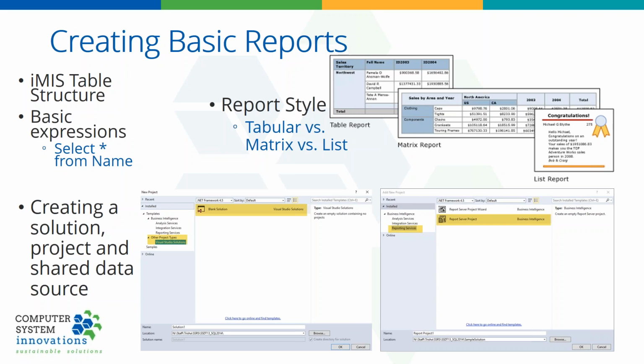SSRS uses basic SQL statements as the foundation for all of its reports. The SQL select statement queries data from tables like name or activity in the iMIS database. Select statements have 3 clauses: a select, from, and where.